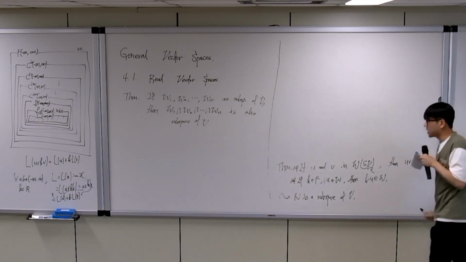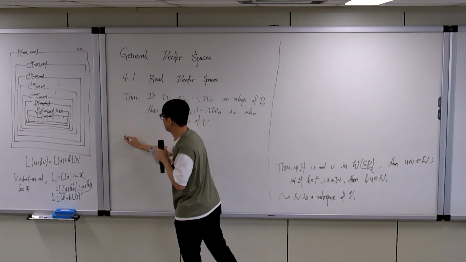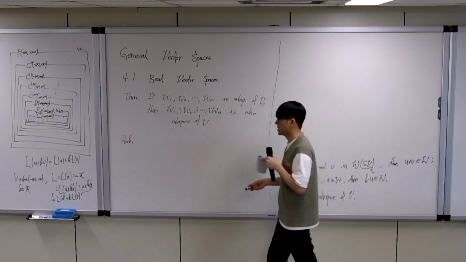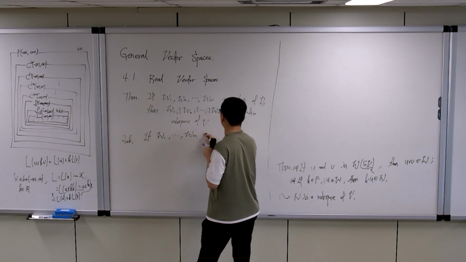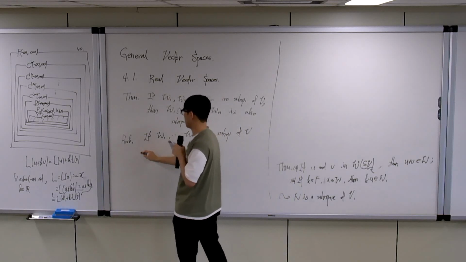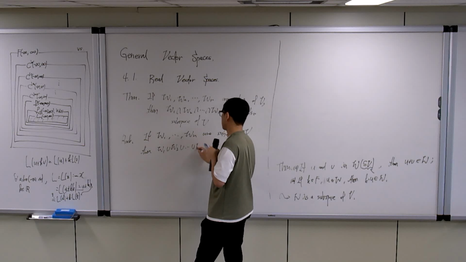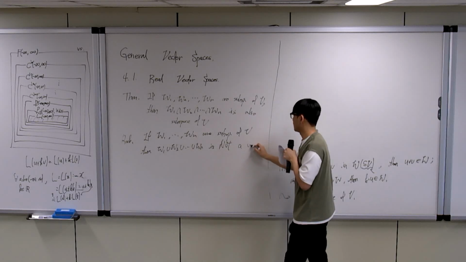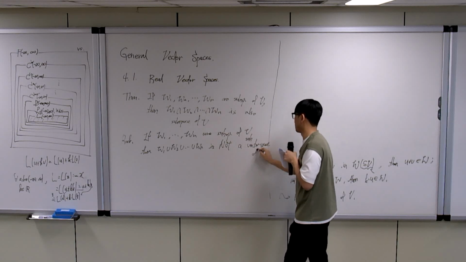However, you might think that when you consider the union of subspaces, in general, it is not a subspace of V. That means U1 union U2 union UR is not a subvector space of V in general.